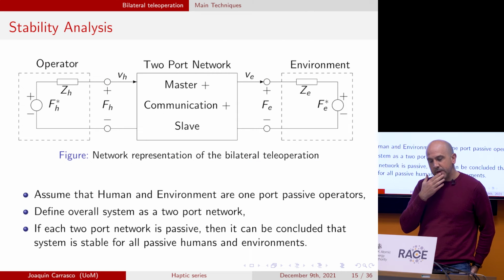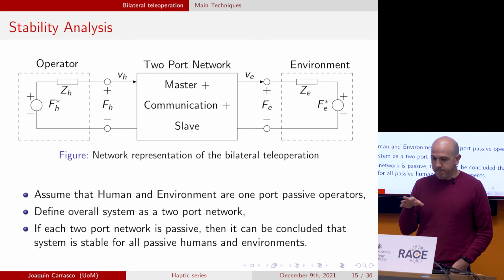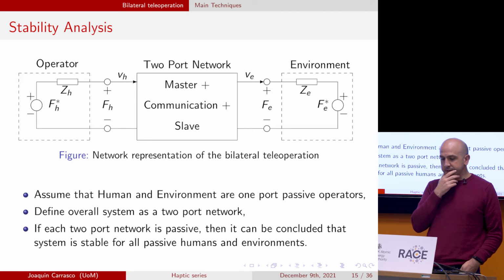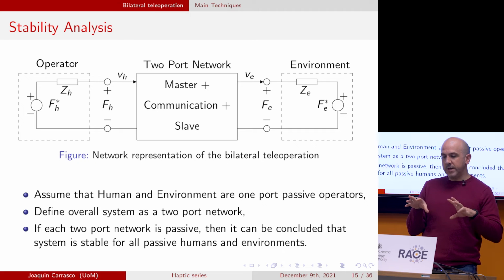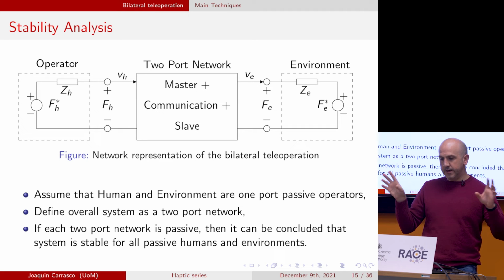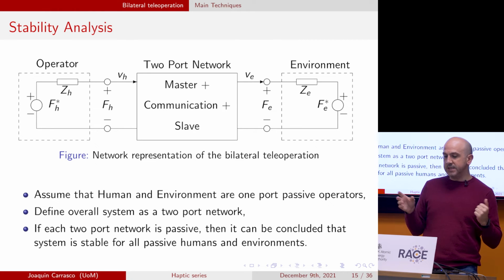So when we are trying to extrapolate this analysis to the passivity, to the feedback interconnection of bilateral teleoperation, we are thinking in this structure where we have the operator and the environment on both sides. These two, the operator and the environment, will be passive systems.